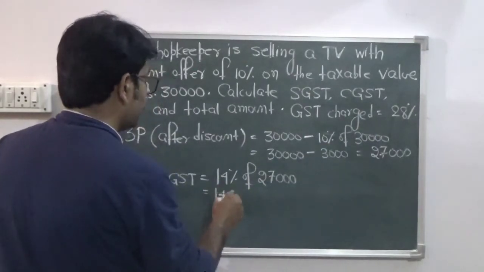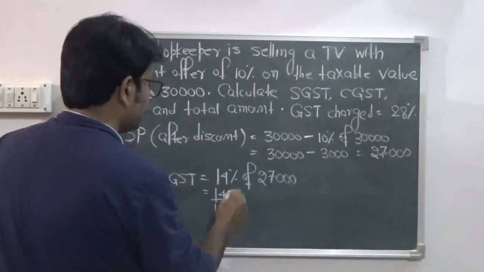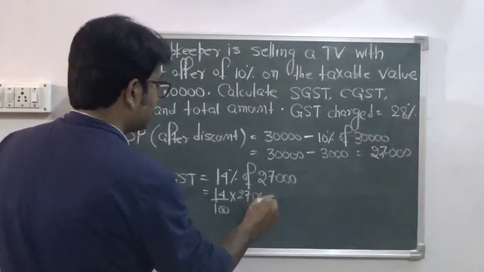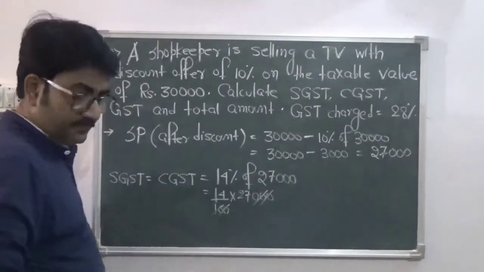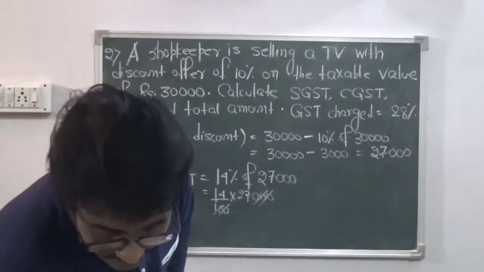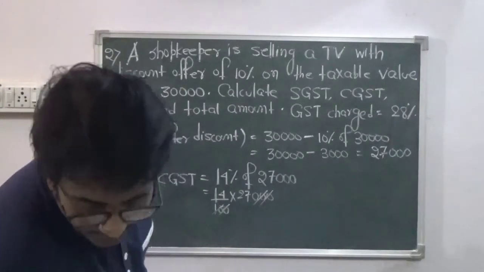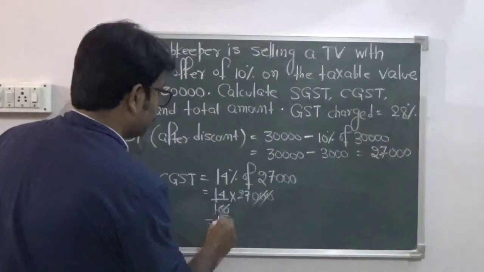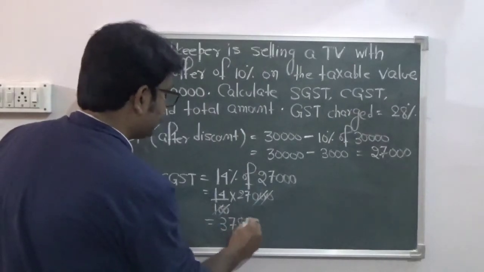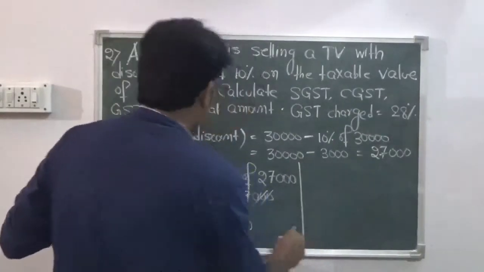So this will be 14 by 100 into 27,000. 14 times 27 is 378, and with the zeros it comes to 3780. So SGST equals CGST equals 3780.